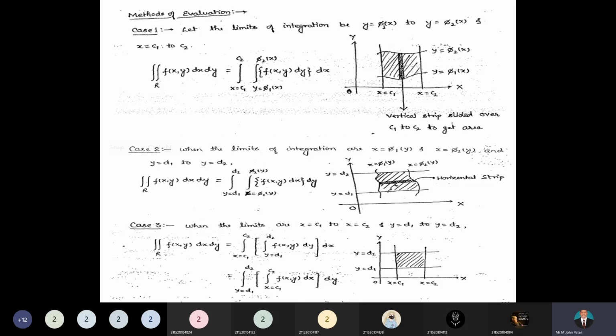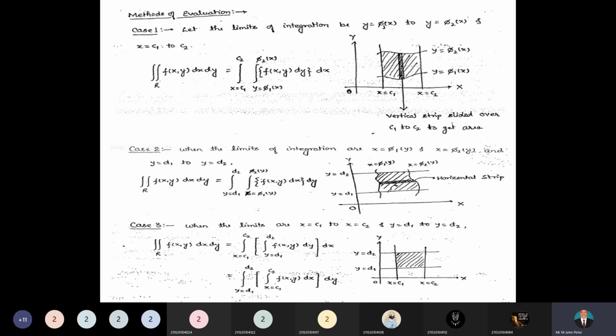Here the left arc is the least x limit, and you have to rearrange that equation in the form of y. So x equal to phi 1 of y, or otherwise some function of y. So that is the lower x limit, or least x limit, x equal to phi 1 of y.